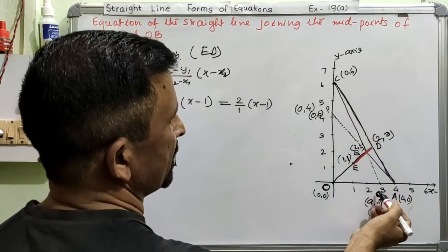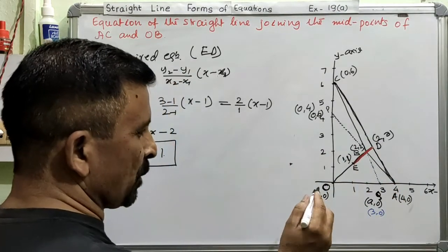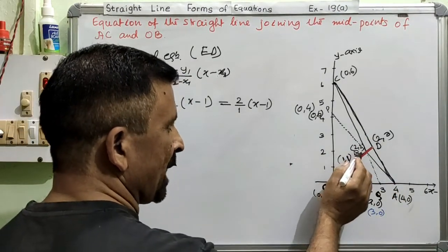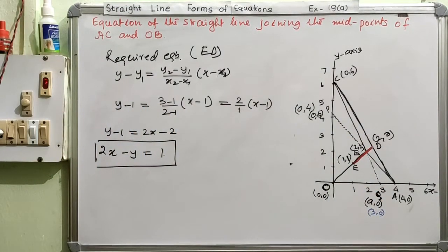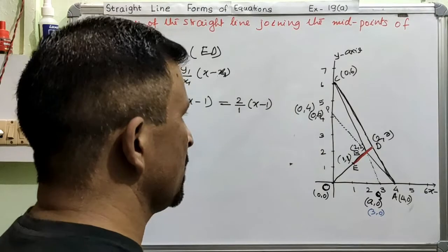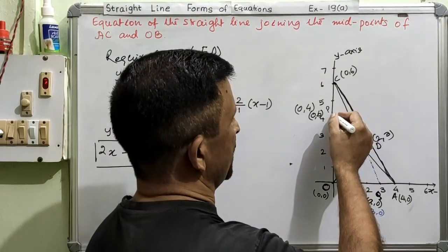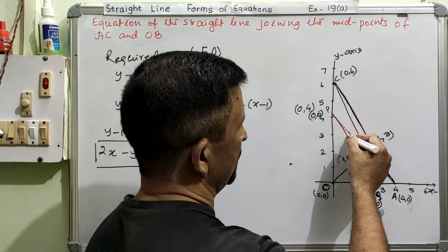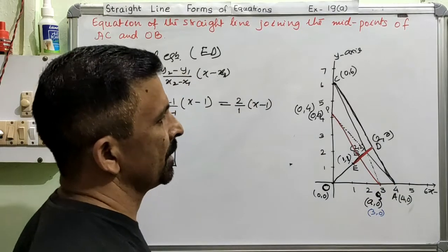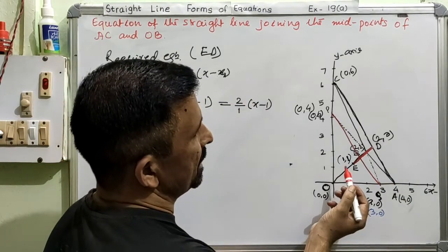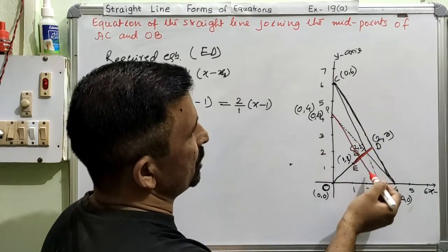This is P and this is Q. To make it more clear, I am going to join PQ so that we can have the midpoint of PQ. This is PQ. Clear? Now it says, prove that this line passes through the midpoint of PQ.